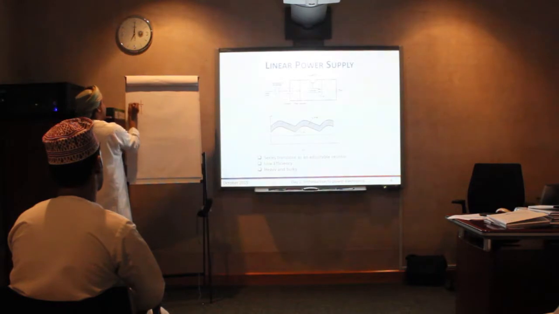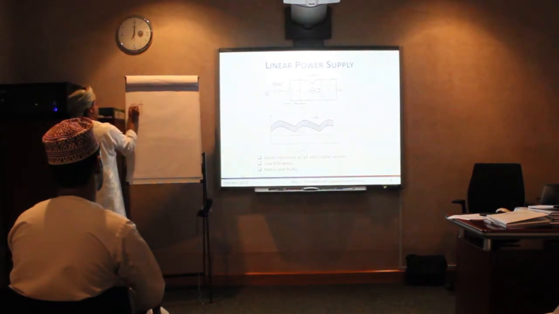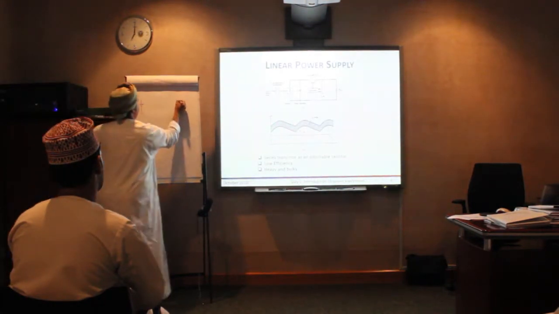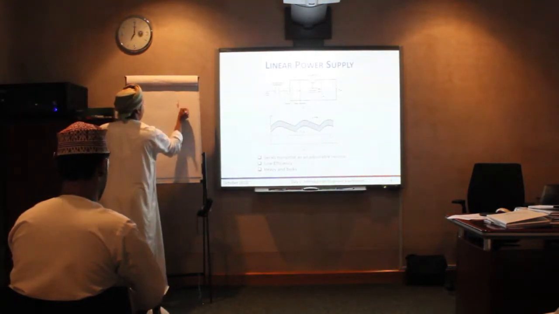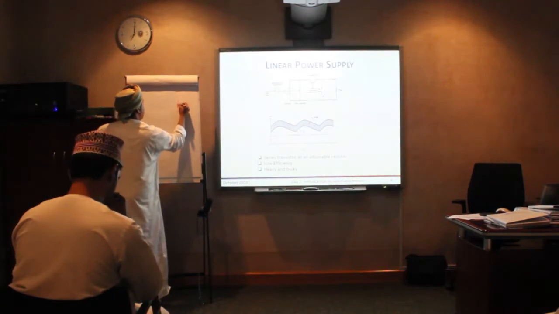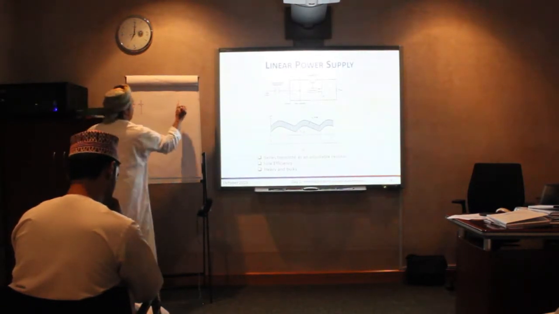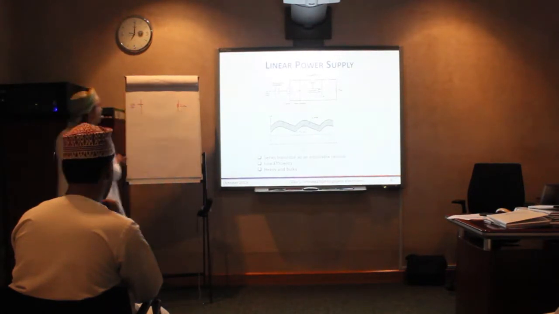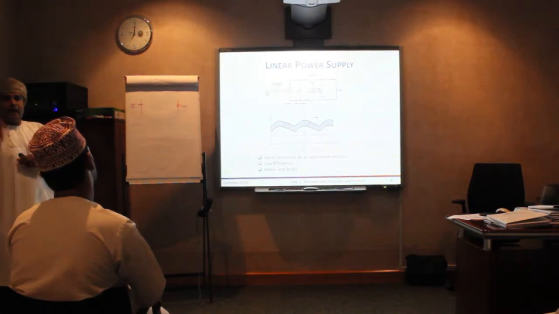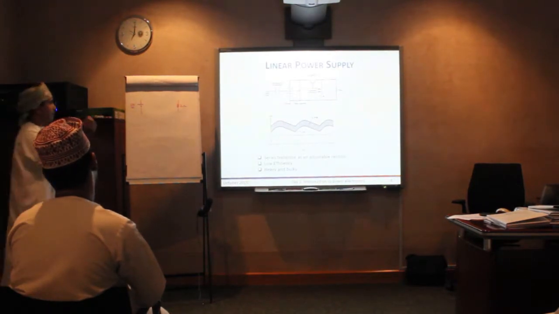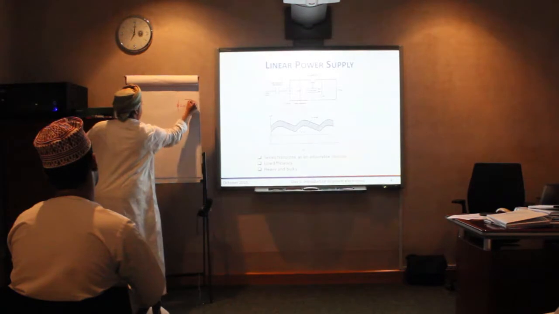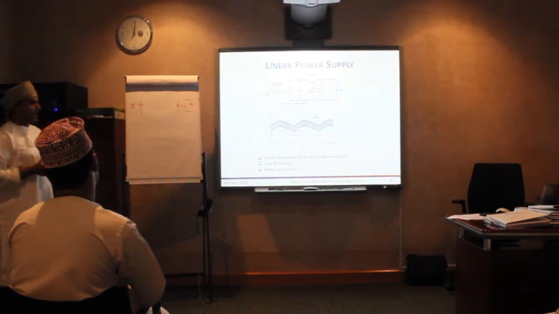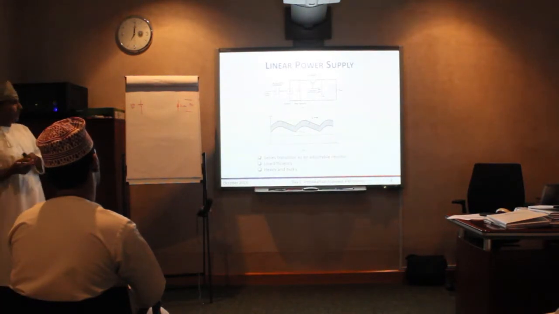For example, if I give you 10 volt here, and then you have a load or a resistance of, let's assume, 2 ohm. If I ask you, I need 5 volt across this one, what shall I add to this circuit in order to get 5 volt?